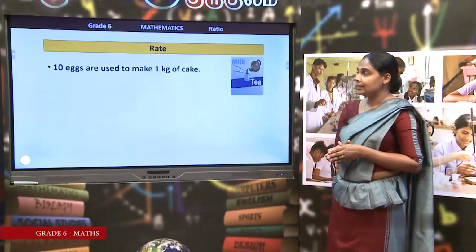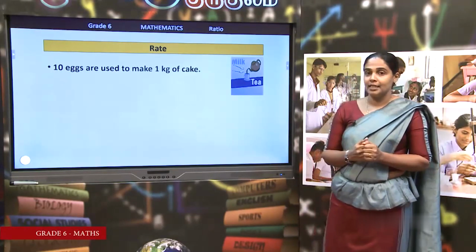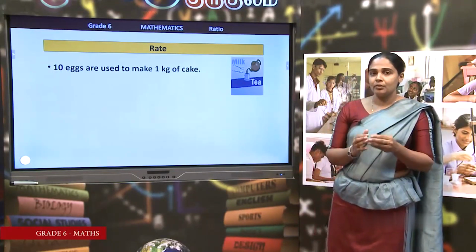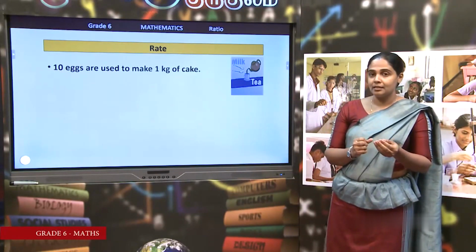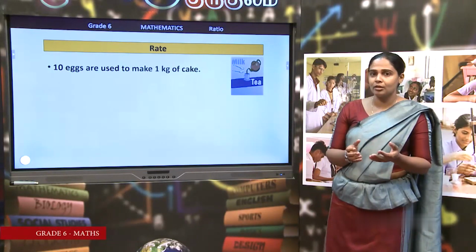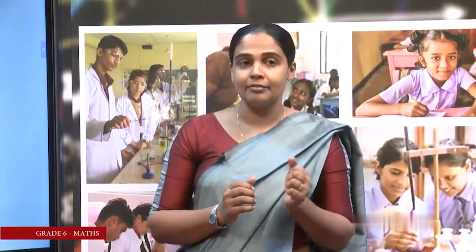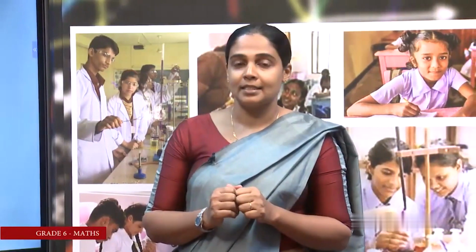Read this one. 10 eggs are used to make 1 kilogram of cake. When we are going to buy some eggs from a shop, we can ask, give me 2 eggs, 5 eggs, not in kilograms or grams. They are counted and you can buy the eggs.